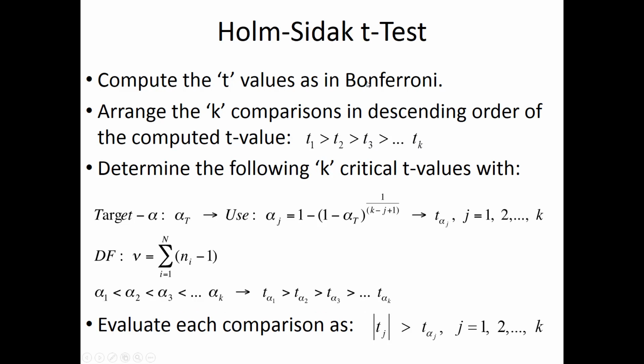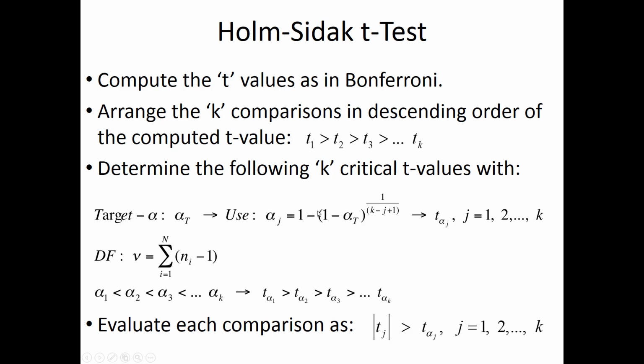Holm-Sidak is similar to Holm in that we also compute the t-values ahead of time and then arrange the comparisons, as in Holm, from largest t-value to smallest t-value. However, this time the alpha value for each comparison is calculated using this formula, based on the total number of comparisons k, the iteration, and then the alpha of the threshold.